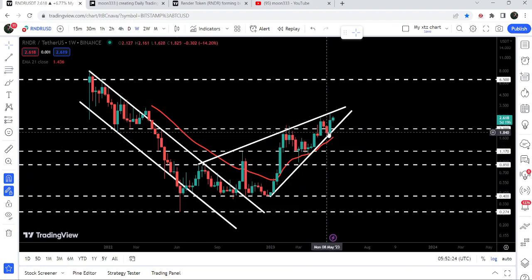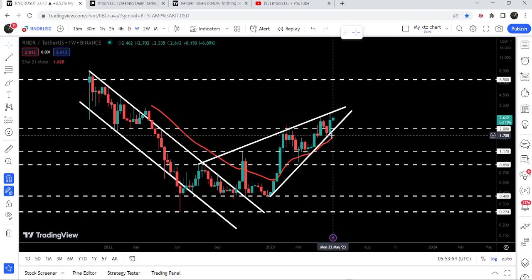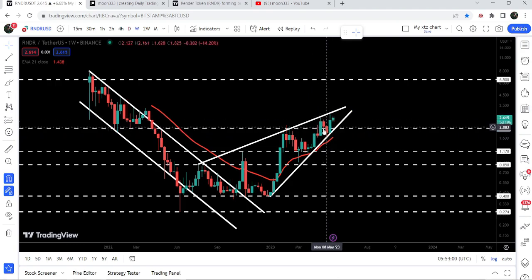Recently, the price line dropped down to the support of the rising wedge pattern. And I was telling you that we have double supports here. The first one is the support of the rising wedge pattern, and the second one is this red line, the EMA 21 on the weekly time frame chart, which is slightly lower than the support of the rising wedge pattern. Now you can see that the price line has reached the resistance of this rising wedge, and in case of breaking out the resistance, it can turn very, very strong bullish.